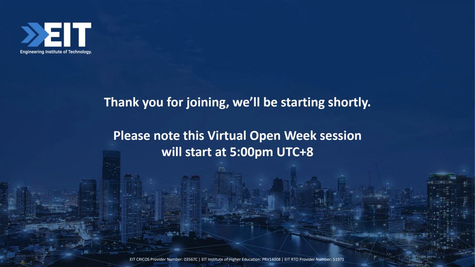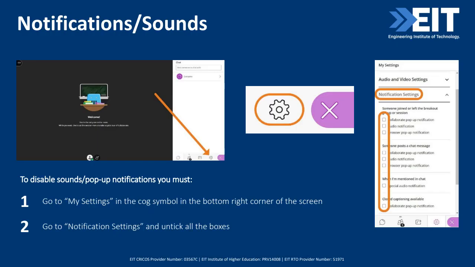Let's start by making sure that our notifications are switched off, because we want our session to have no distractions at all. So let's go to the gear icon on the right lower corner of our screen.